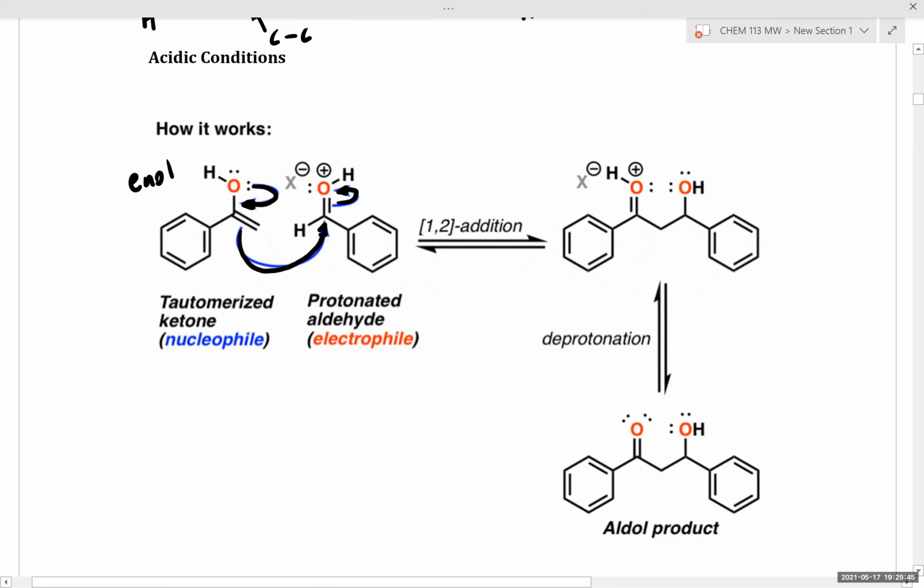From here, once we've generated our desired beta hydroxy ketone, we're just one cleanup step away. After deprotonation of the carbonyl oxygen, we get our desired aldol product. Does this mechanism for the aldol reaction under acidic conditions make sense?